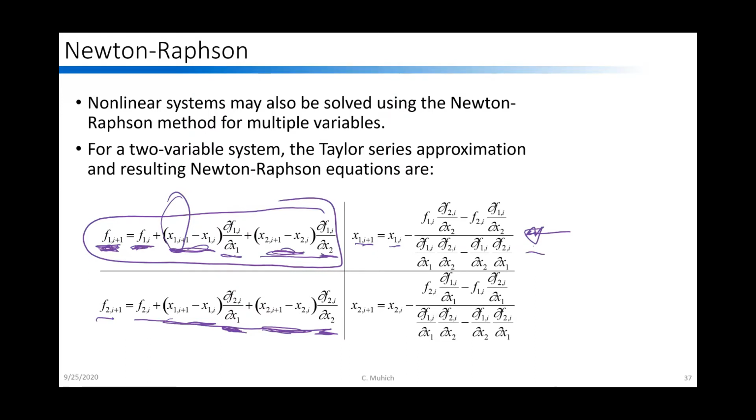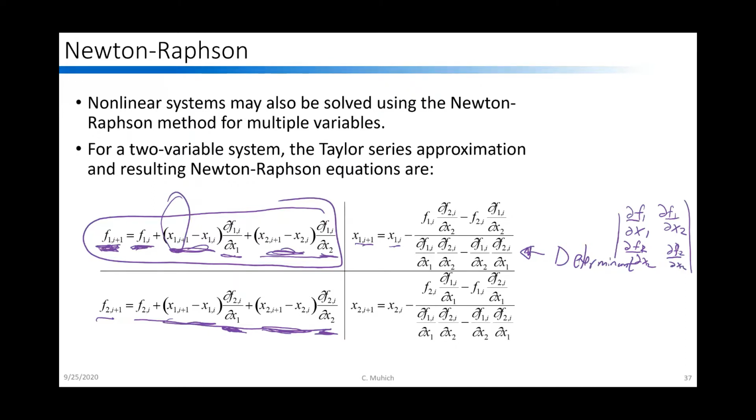What I want to point out is this at the bottom is the determinant of the partial derivatives: partial f1 partial x1, partial f1 partial x2, partial f2 partial x1, and partial f2 partial x2.